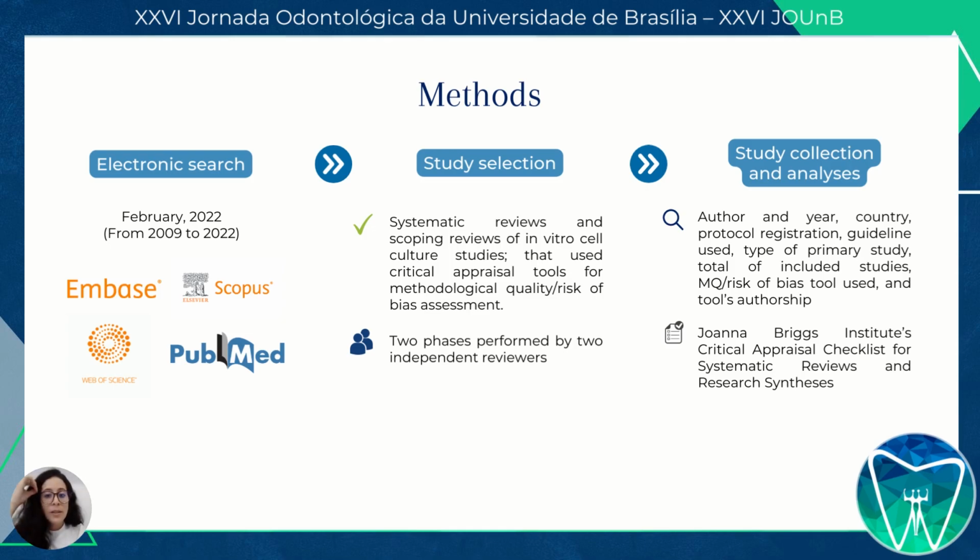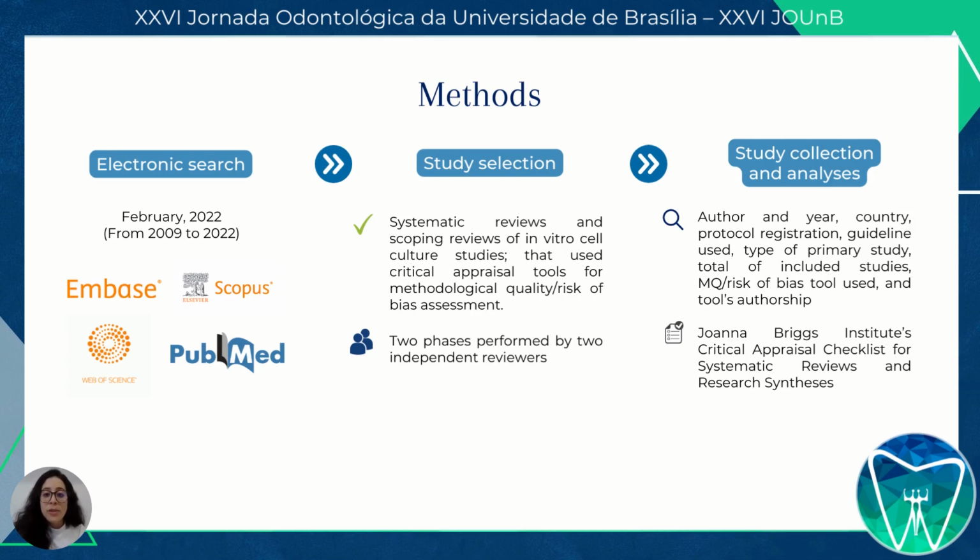The electronic search was performed in February 22 on Embase, PubMed, Scopus, and Web of Science. The search ranged from 09 to 22. About the study selection, we included the systematic reviews of in vitro cell culture studies that used critical appraisal tools for methodological quality or risk of bias assessment.